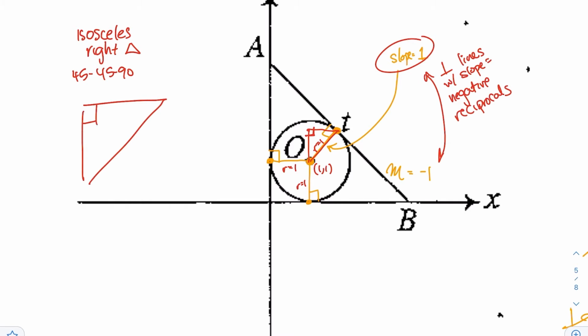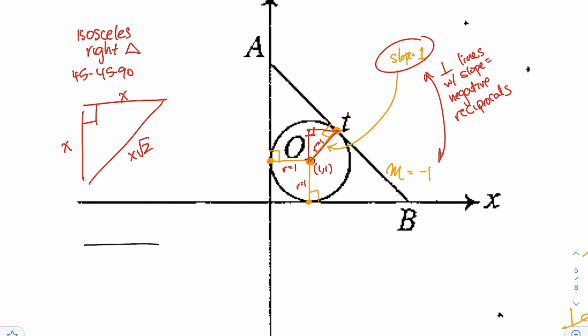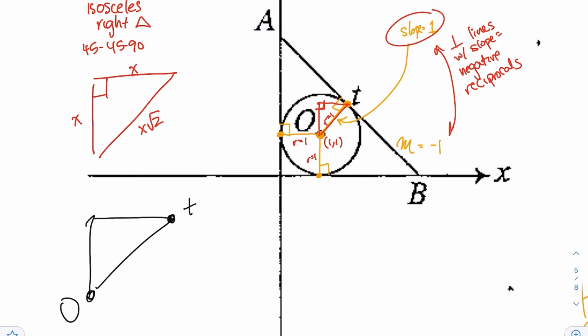Here, the side ratio is x, x, and x root 2. I'm just going to redraw this. The distance between O and T is the radius of 1.